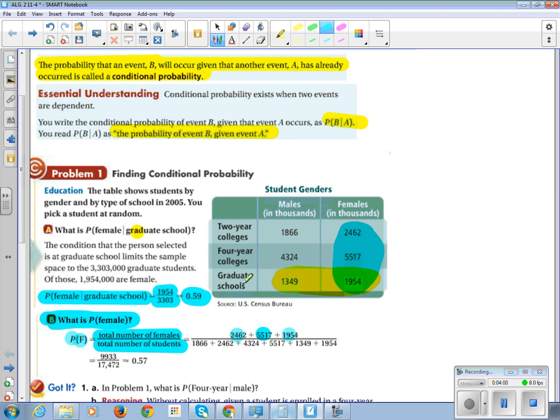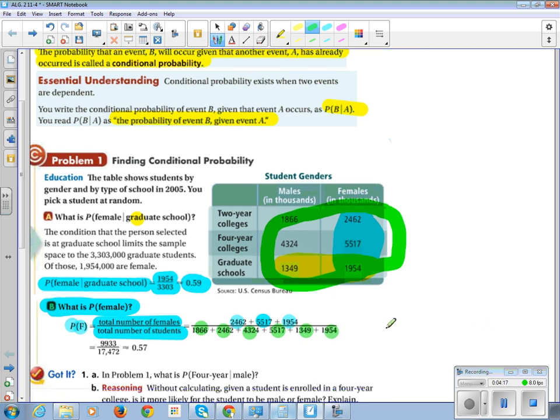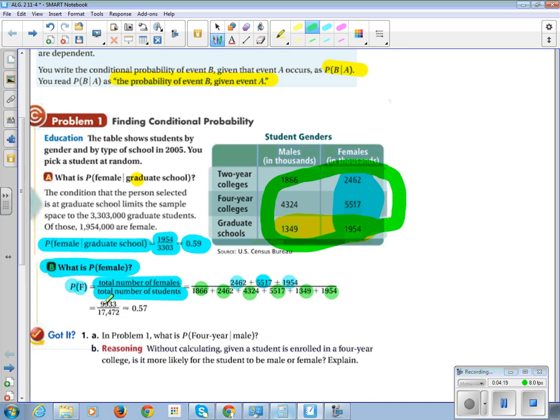Then you divide that by your total number of students, all of these kids: 1866, 2462, 4324, 5517, 1349, and 1954. When you do the math on that, you get 1933 over 17,472, and that's about 57%.